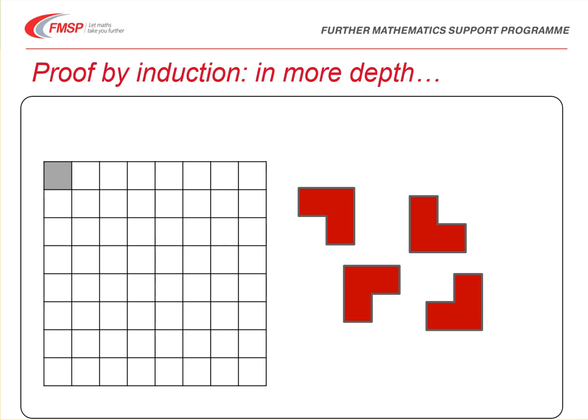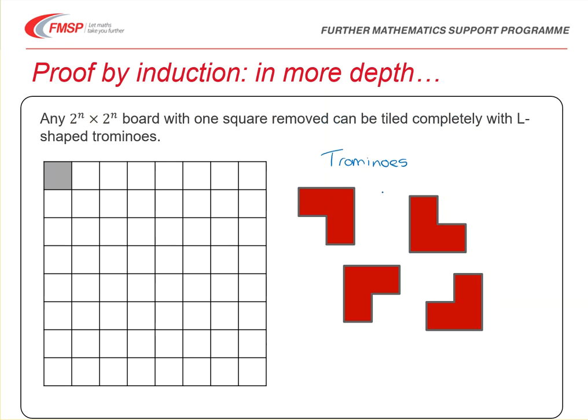In my final example, I'm going to look at something completely different, and I'm going to consider the tiling of a square grid with trominos, which are these shapes here. In particular, I'm interested in a square grid that has side lengths of 2 to the power n.